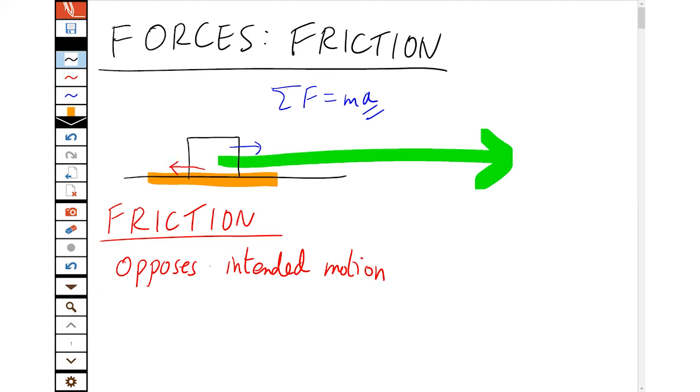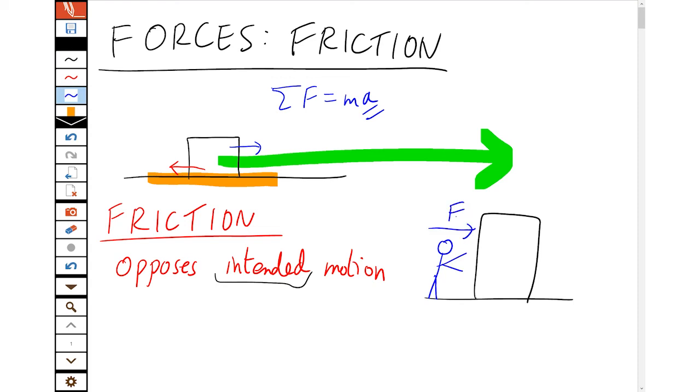What that means, if the block is moving to the right, the friction will be to the left. We say intended because if the block even tries to move to the right, there'll still be some friction to the left stopping it. That's why if you've got a big fridge there and I just stand there and try to push it, it doesn't even start to move because there is friction opposing that.